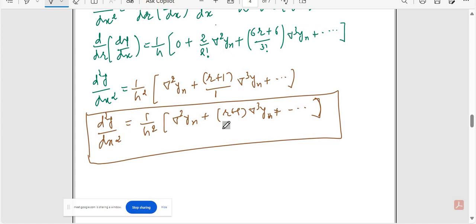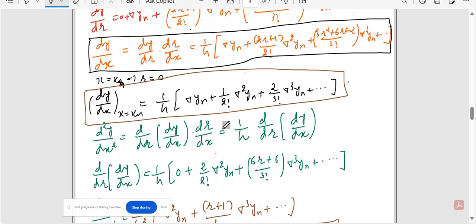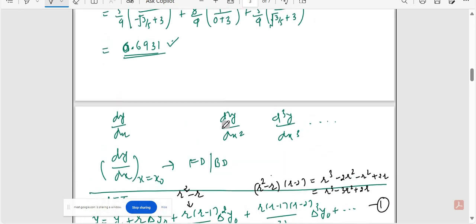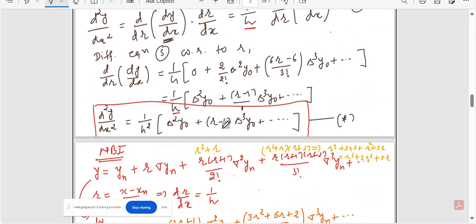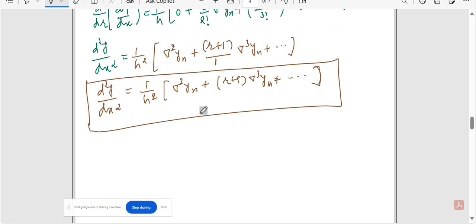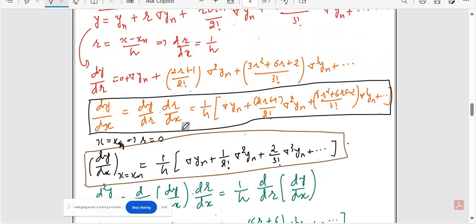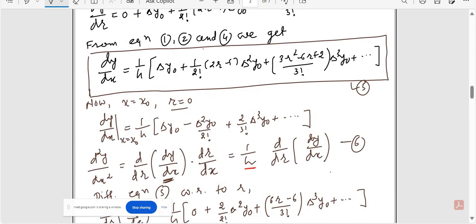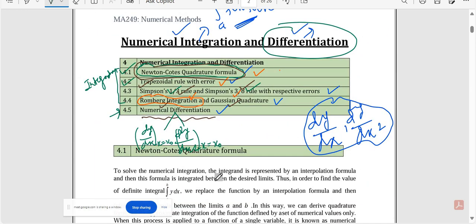Okay, so we stop here in today's lecture, because I know that you have to go for your lunch. So we continue with this method in the next online class. That is a simple method, not a complicated method, but the derivation you have to keep in your mind. Okay, so is there any doubt, any question in today's class?